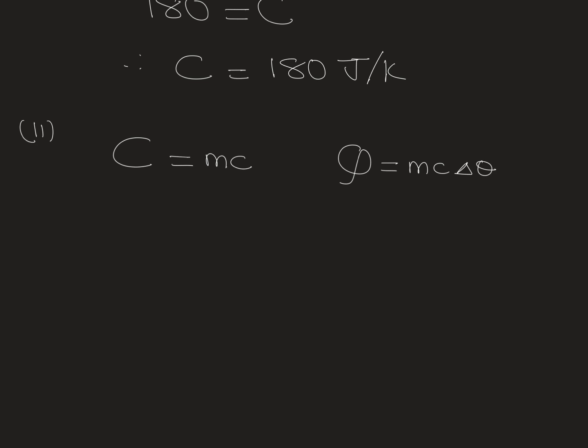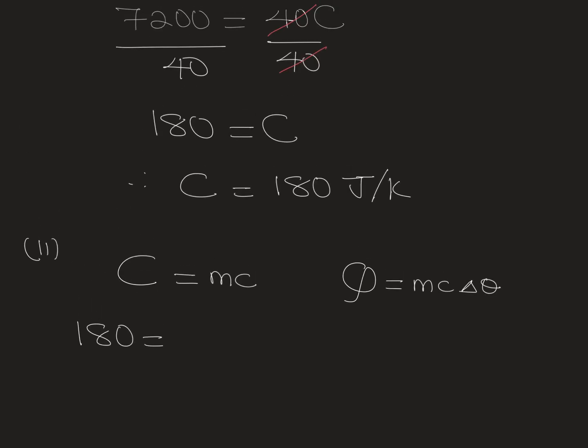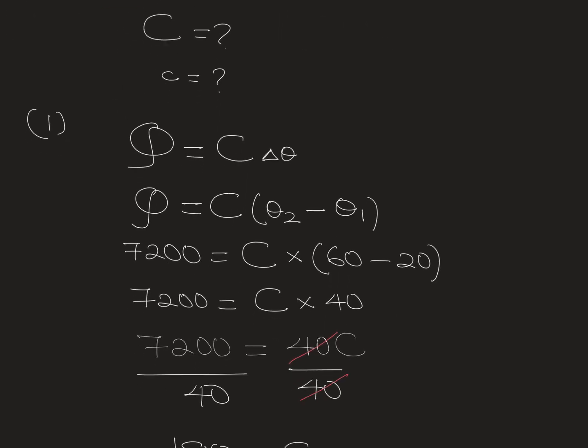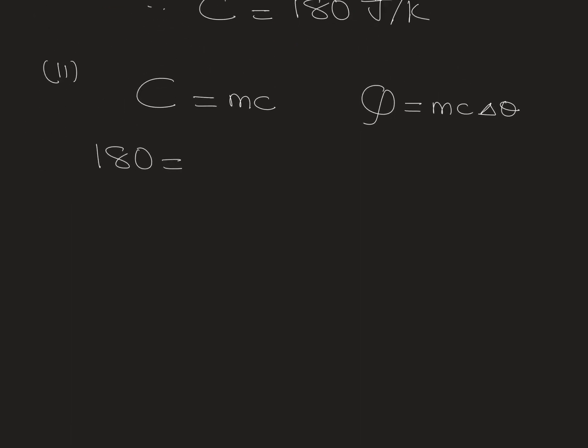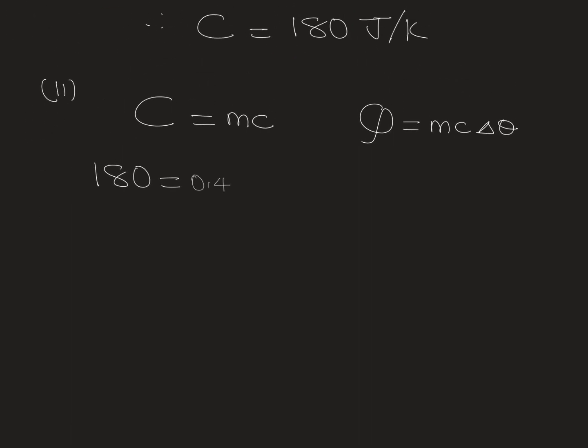What is the heat capacity? We have calculated it as 180. This is equal to the mass of the object, which is 0.4 kilograms. So that will be 0.4 multiplied by c. That is 180 is equal to 0.4c.